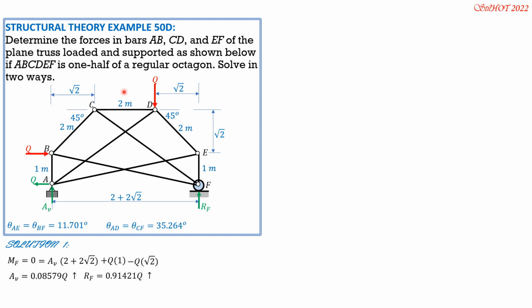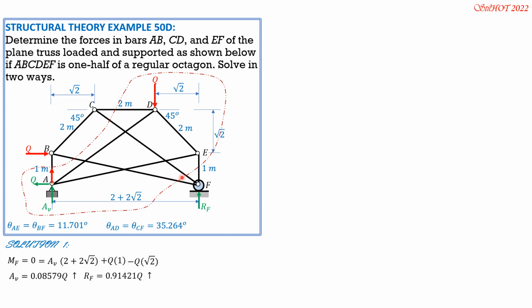Then we consider this sectioning as shown in the figure, and we involve forces inside this section. So AV is involved, Q is involved, and FAB, FCD, and FEF are also involved, all these unknowns here. There are members that are cut twice, so it doesn't matter.